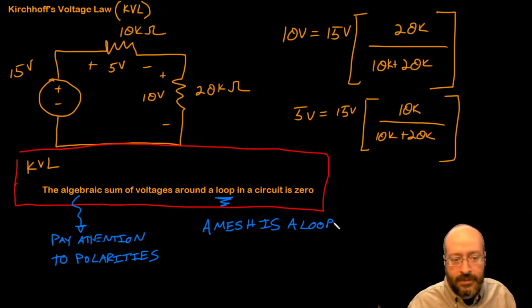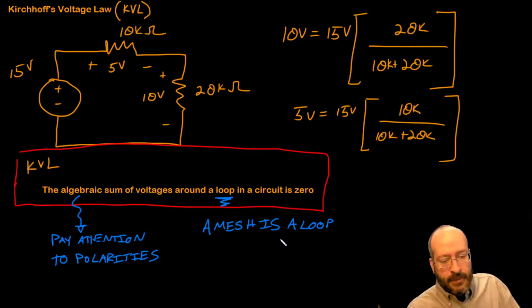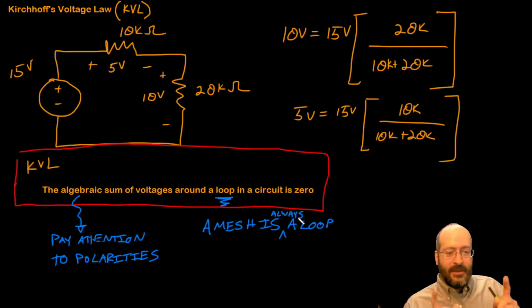Sometimes it is, not always, but a mesh is always a loop. Okay, maybe I should write the word always in there as well. Okay, so I want to point out those two things as we have that very short sentence that seems simple. Algebraic, we've got to pay attention to signs, and it's around a loop, but a mesh is always a loop.